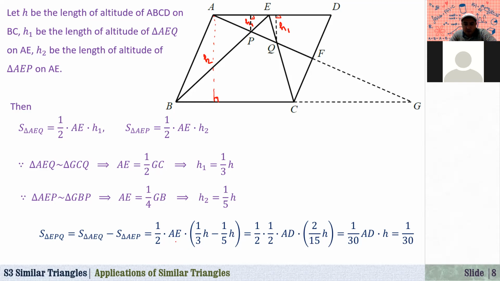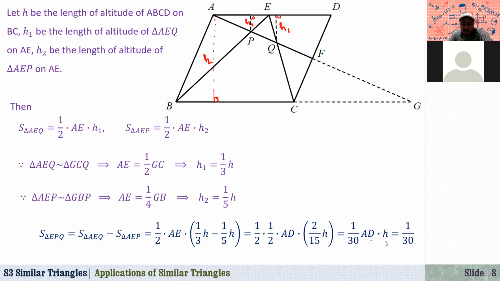So 1 over 2, what is AE? AE is equal to 1 over 2 times AD. We have already found this in the previous slide. And if we simplify, 1 over 3 minus 1 over 5 is equal to 2 over 15 H. So that's equal to 1 over 30 times AD times H, right?